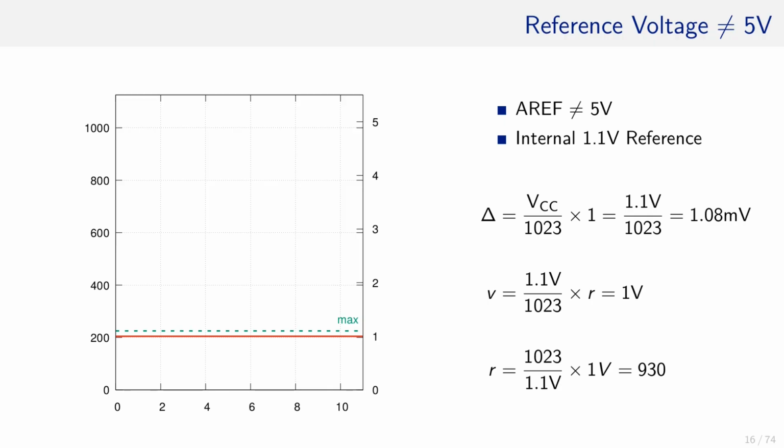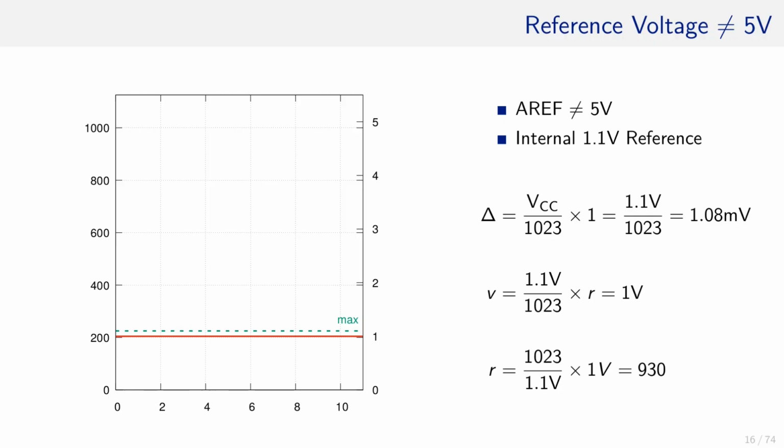And that is why the AREF pin is exposed. It does not have the limitations of AVCC and does not need to be in the range of VCC. AREF can be selected freely between 1 volt and AVCC. In this case, in which the sensor returns an analog value between 0 and 1 volt, we do not have to use AREF at all.